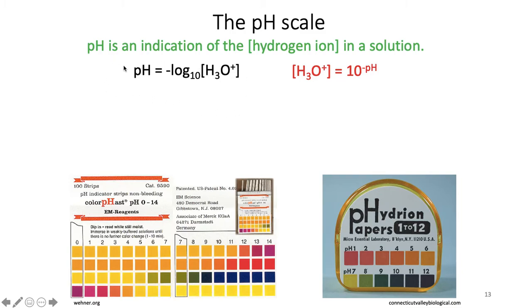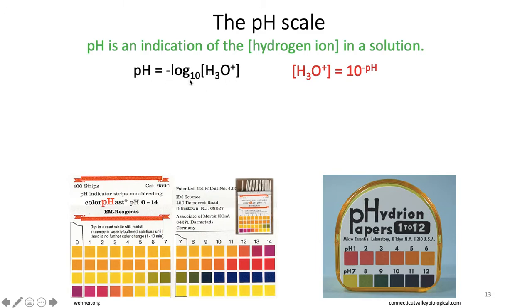This is the equation you're going to use if you have the concentration of H3O plus and you want to find the pH. If you have the H3O plus concentration, you can plug that in to find the pH. Make sure that you know how to do this on your calculator. In some calculators, you have to hit the log button first and then enter the concentration as a number, and in some calculators, you have to enter the number first and then hit the log button.